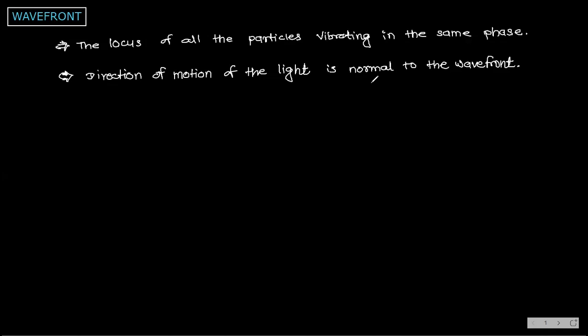Now let's see types of wavefronts, and then you will understand how this light is propagating normal to the wavefront. So see here, I'm showing you one diagram. Suppose now here is a point source.